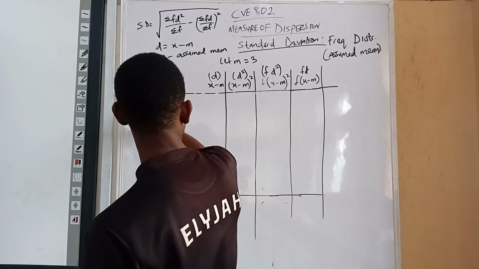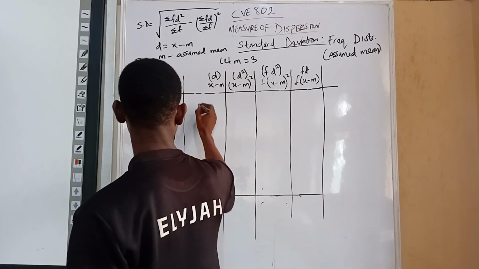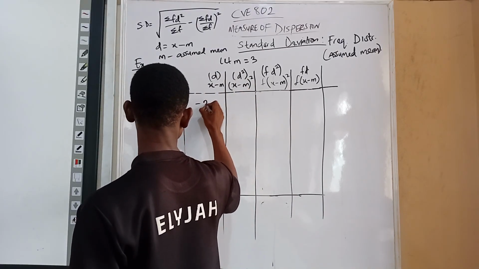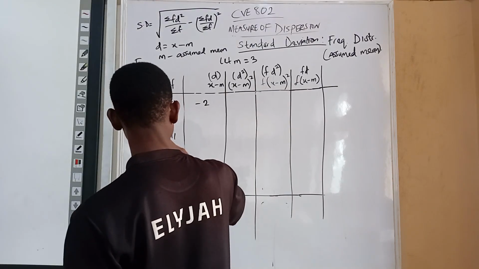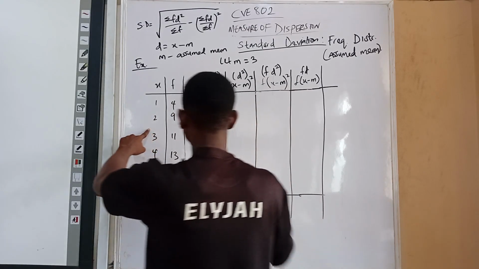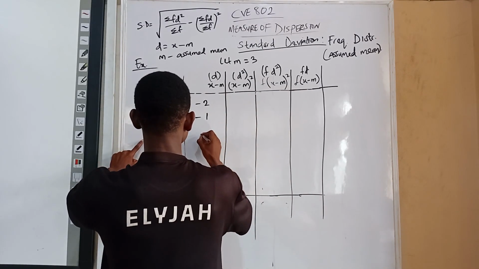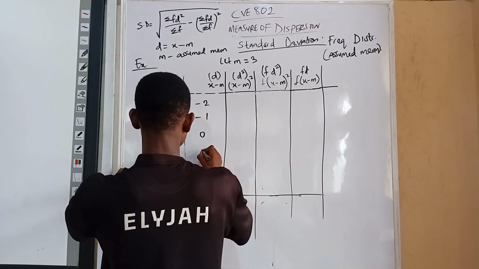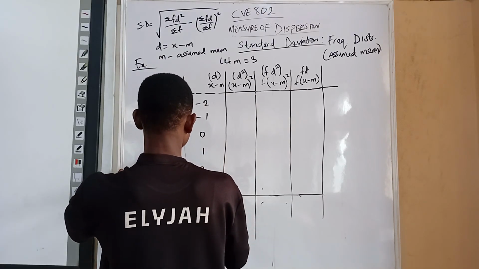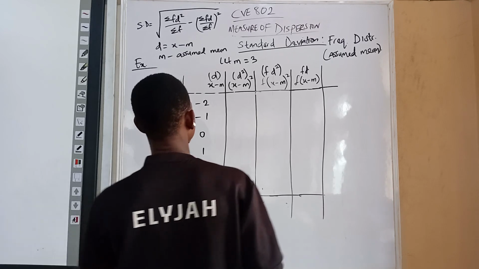So the first thing is to do x minus m. x minus 3: 1 minus 3 is minus 2. Then 2 minus 3 is minus 1. 3 minus 3 is 0. Here is 1, here is 2, and here is 3.